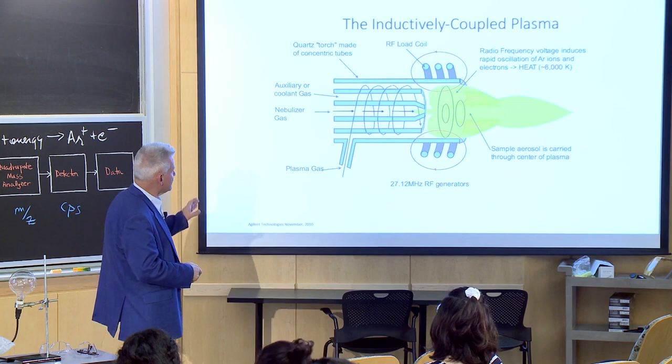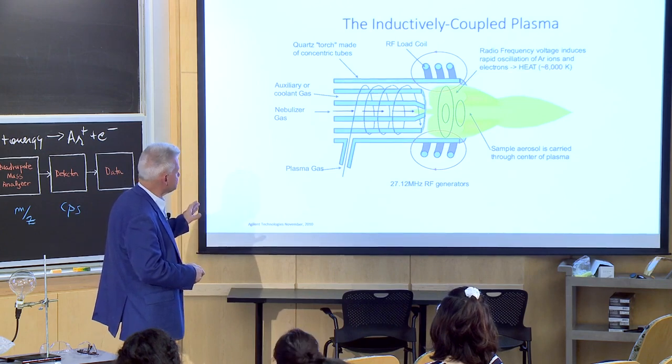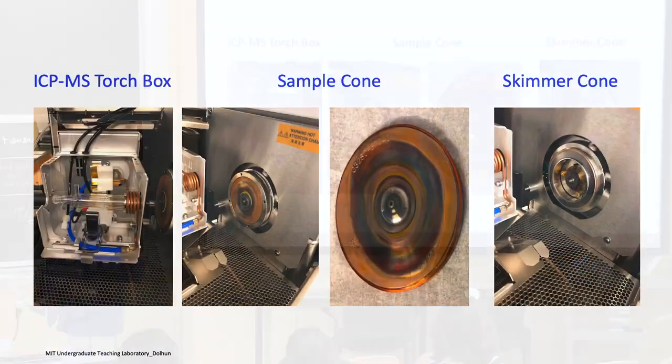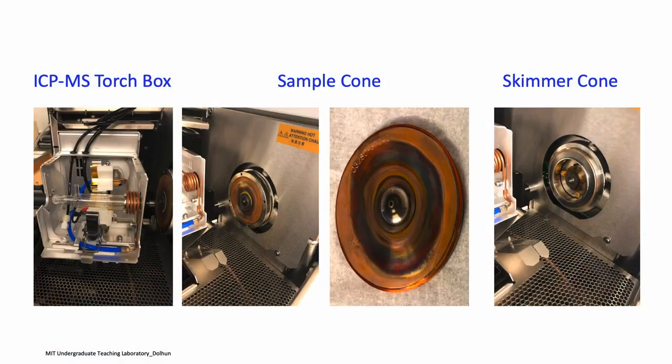So what I've done here is I've actually opened up our machine. And this is the ion source. That's where the plasma is generated. It's a glass tube, and you can see the RF coil there. And right behind it, you can't see, is this sample cone.